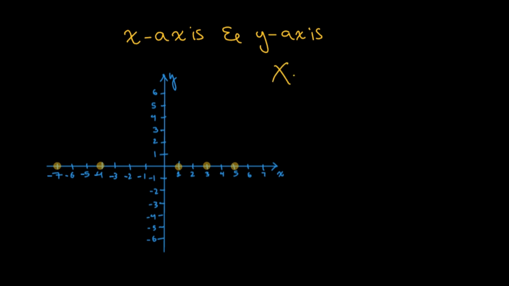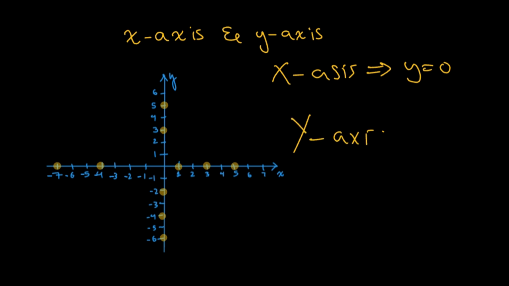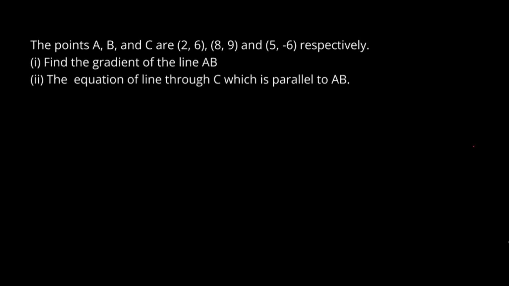So the equation of the x-axis is y equals 0. And on the y-axis, the x coordinate is always 0. For example, the points are (0, 3), (0, 5), (0, -2), (0, -4), and (0, -6). So the equation of the y-axis is x equals 0.